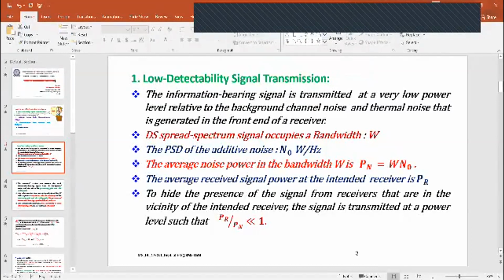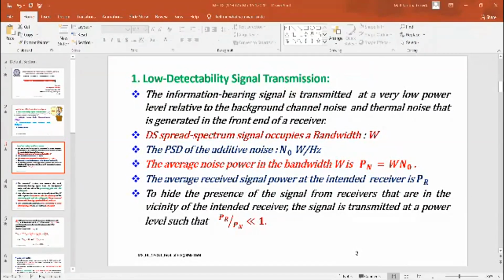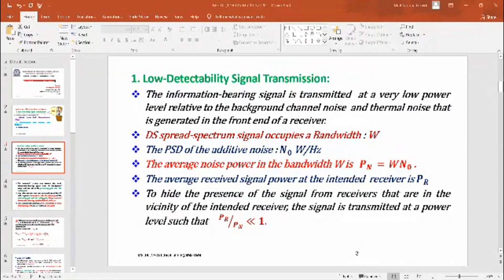We all know the noise will be at the microvolts level. So we are transmitting the information bearing signal at a power level relative to the channel noise and thermal noise.